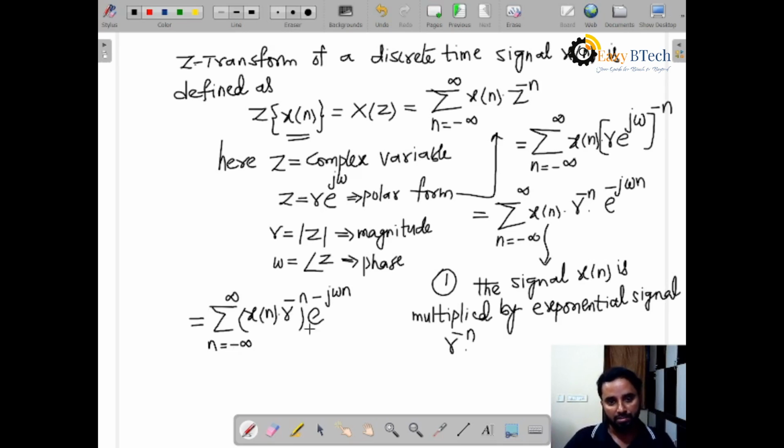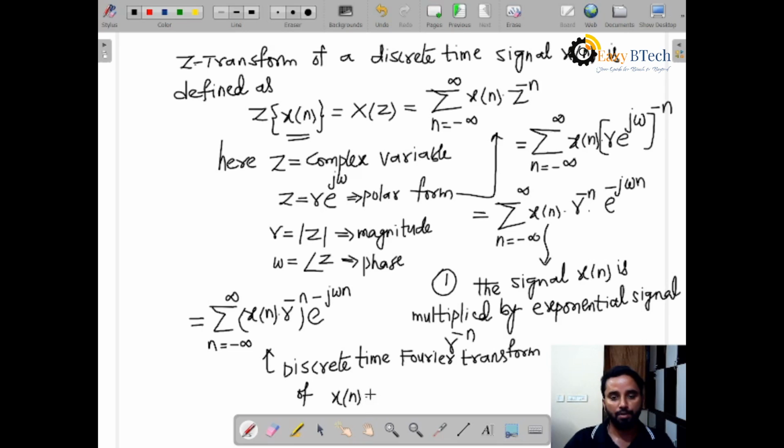This summation indicates the discrete time Fourier transform of x of n into r power minus n. So this is the meaning of this total summation.